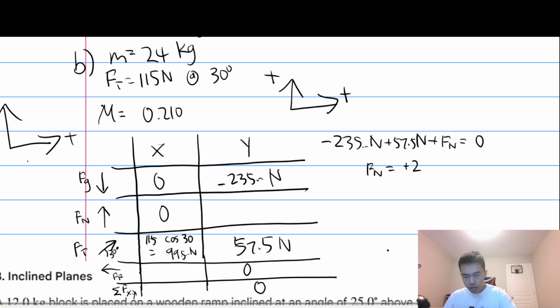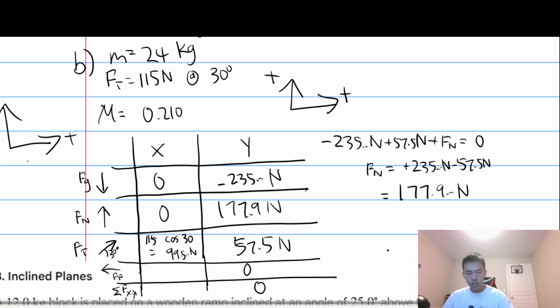It would be 235 newtons, minus 57.5, which is equal to 177.9 newtons.